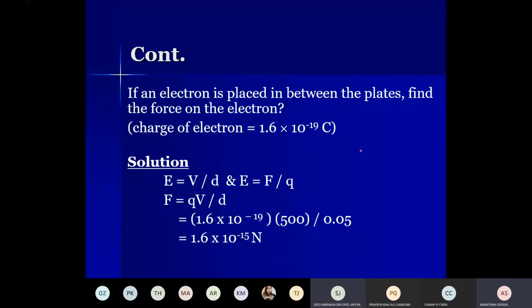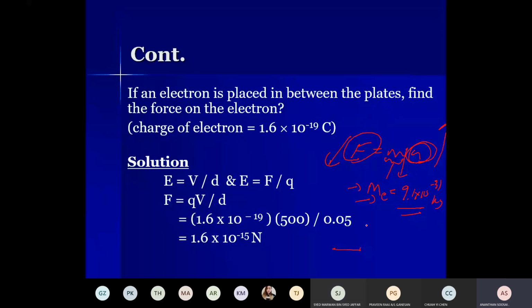The force is very small, but the acceleration is going to be relatively very huge, because the mass of the electron is very small. The mass of the electron is 9.1 times 10 power negative 31 kg. The mass of the electron, the mass of the proton, all the constants are given on the front page. So it's very small, therefore the acceleration is going to be huge.